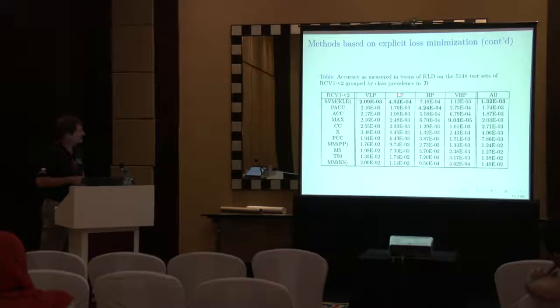And SVM KLD outperformed all of the other baselines that we have seen up to now, even by large amounts, especially in the very low prevalence and low prevalence classes, and performed pretty well in the high prevalence and very high prevalence classes. But overall, across all the classes, it significantly outperformed all the other baselines.